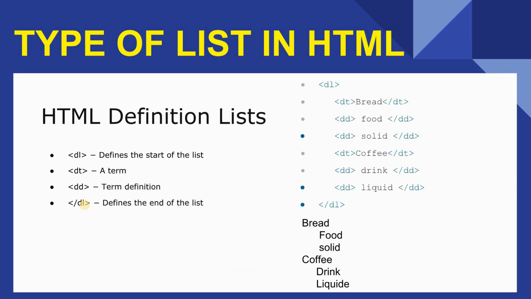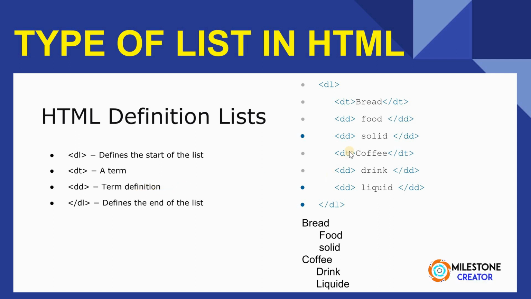Then the third one is definition list. In case of a definition list, we use the DL tag. First of all we open the DL tag and close the DL tag, and inside this DL tag we take the DT tag and DD tag. DT means a term and DD means term definition.